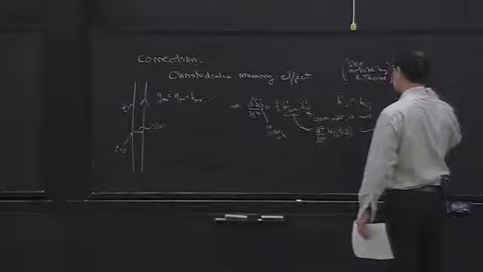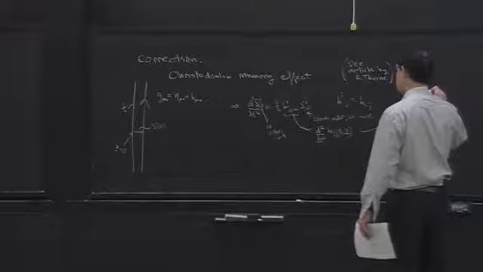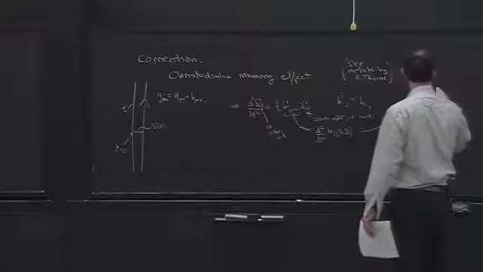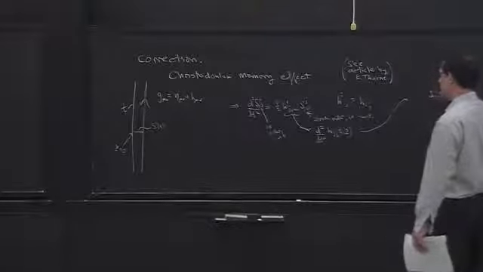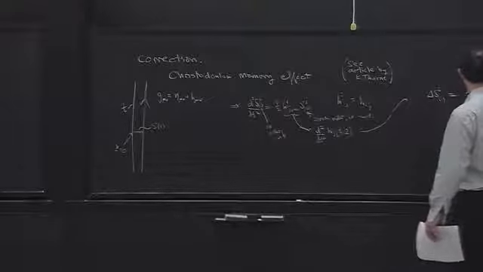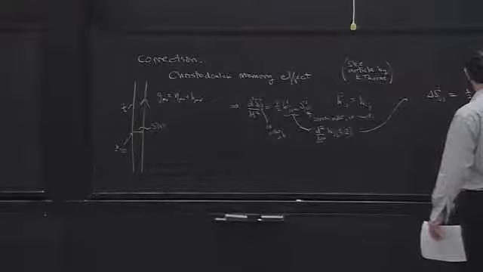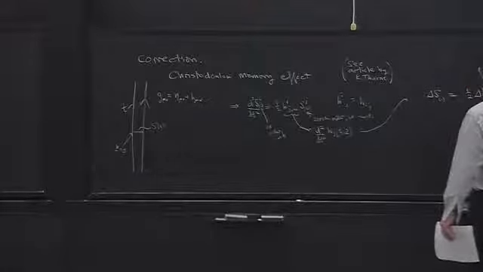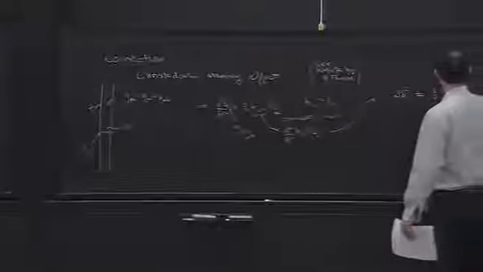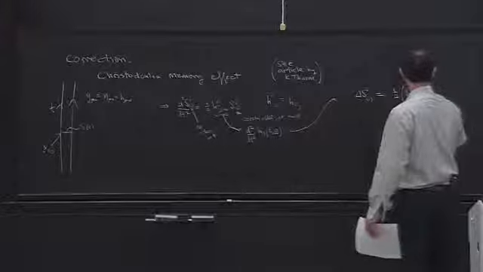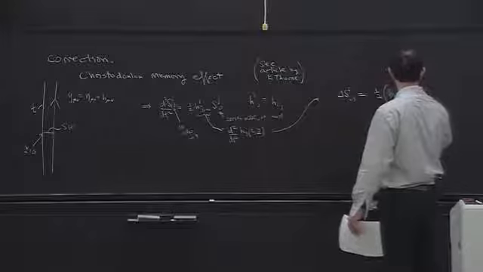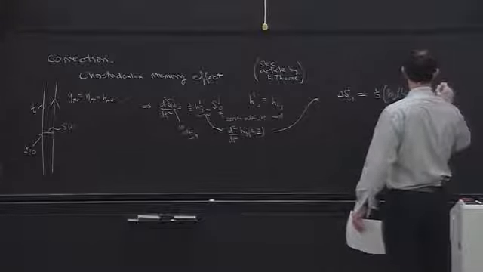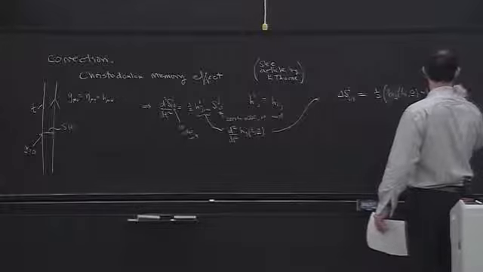Integrate it twice, and you will get that the change of s^i_1 is equal to 1/2 the change in h_ij, let me write it out explicitly: h_ij(t_f, 0) minus h_ij(t_i, 0).